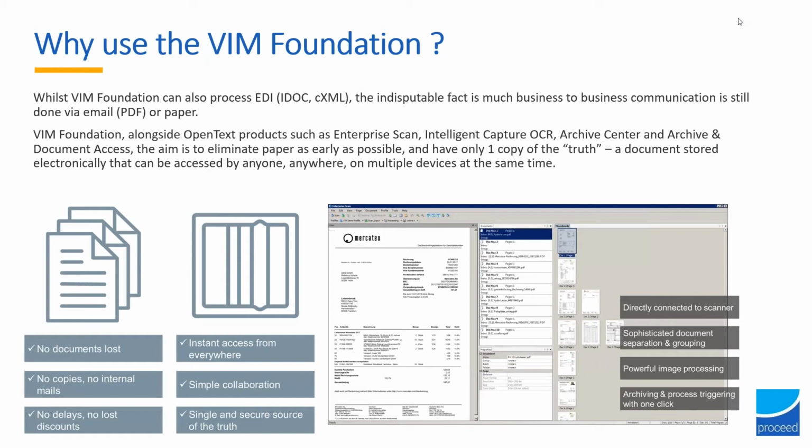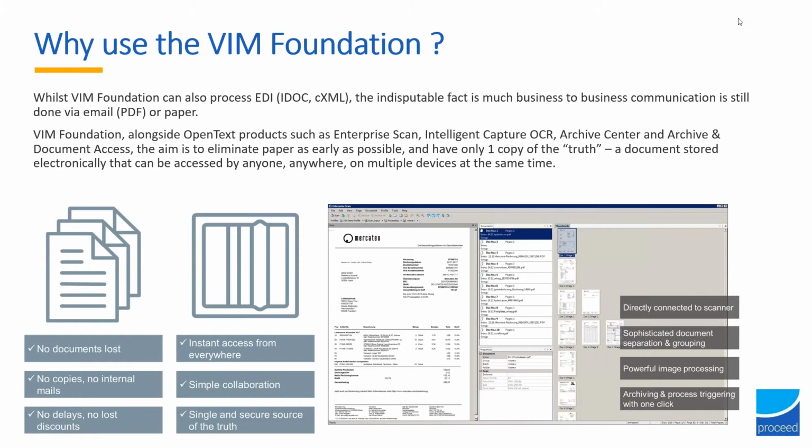But obviously that's the aspiration for most companies. You can't get away from the fact that at the moment, and probably for the foreseeable future, much business communication is done via email, sending documents in PDF, or even these days still on paper through the mail.